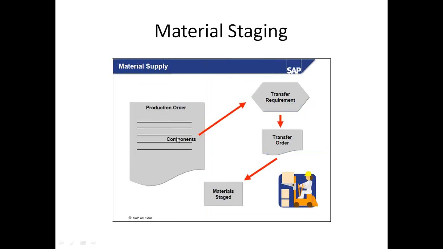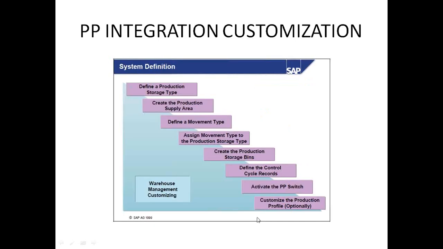So how is the process done: the production order is created, a transfer requirement is created for the components, then a transfer order, and when we confirm it, the material is staged. These are the steps. We deal with the production storage type, create a production supply area, define a movement type, assign the movement type to the production storage type, create the production storage bins, define the control cycle records, and activate the PP switch.